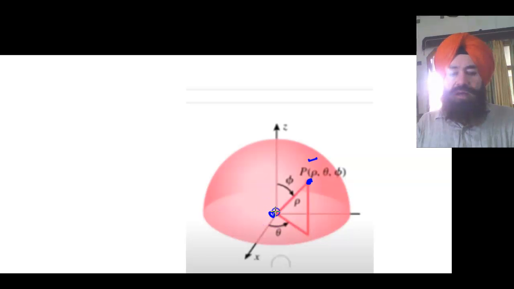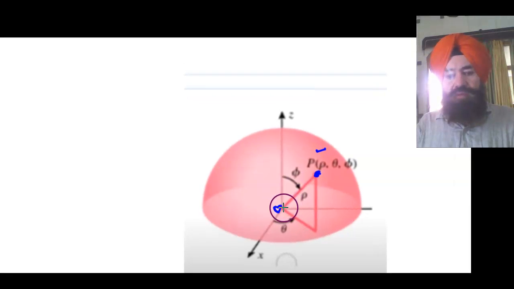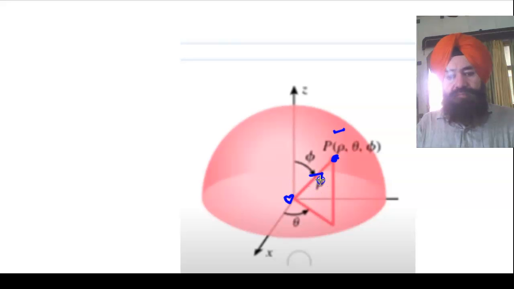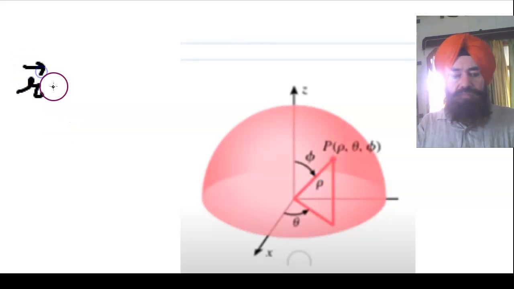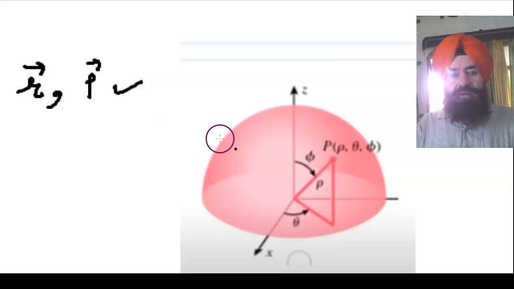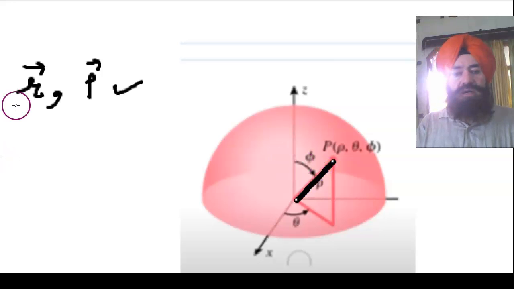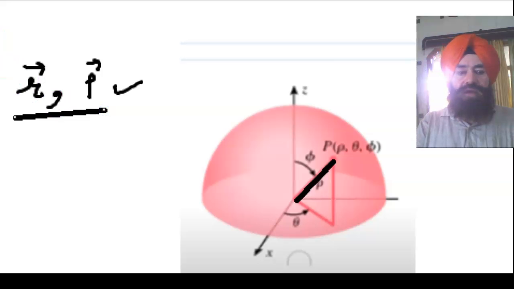So I join O to P. Now this OP vector, you may call it the R vector, or you may call it the rho vector. So this is our first element, which is the R vector or rho vector.